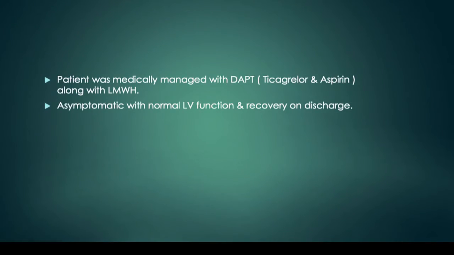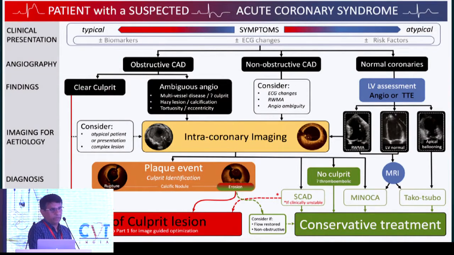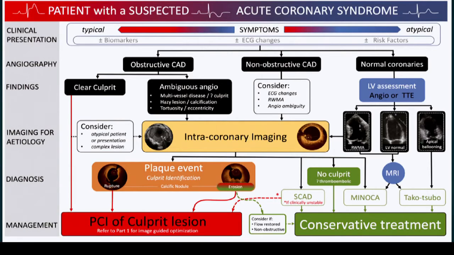So ladies and gentlemen, I'll finish my talk with this algorithm and the emphasis that as an interventional cardiologist, you must know where not to put a stent. And angiography is not the investigation of choice to make a decision. It is the imaging, and especially the OCT with 10 microns resolution, which makes a difference between erosion, rupture, or calcified nodule.